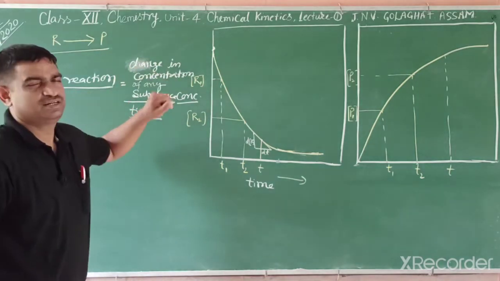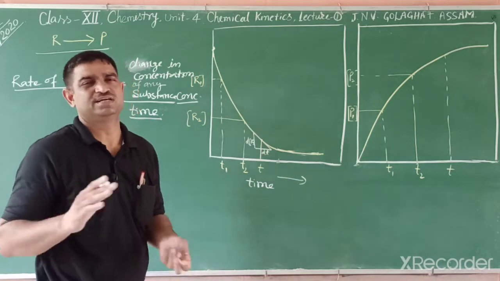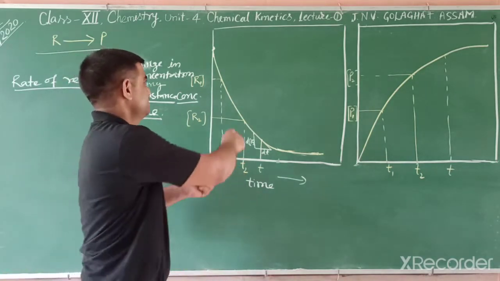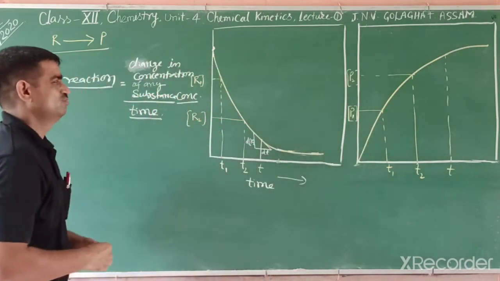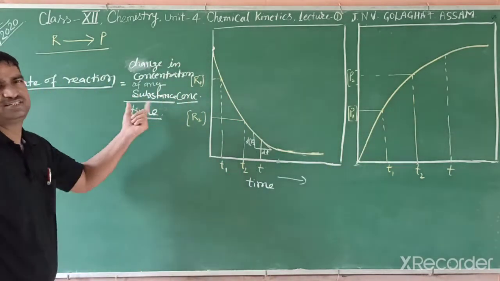This change in concentration of any substance is either reactant or product. Reactant concentration decreases, product concentration increases. But we have to make the rate positive.